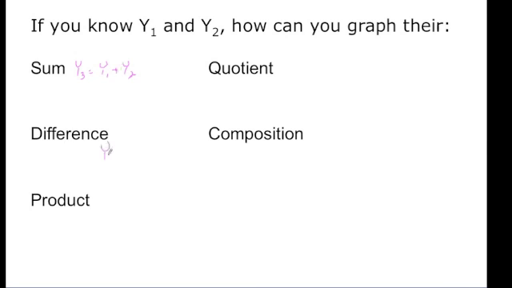Difference, you would make it y3 equals y1 minus y2, depending on which order they ask you to put it in. The product, y3 would equal y1 times, and that's a little asterisk on our calculator, y2. We want the quotient, y3 would equal y1 divided by y2, and your calculator will automatically do that.